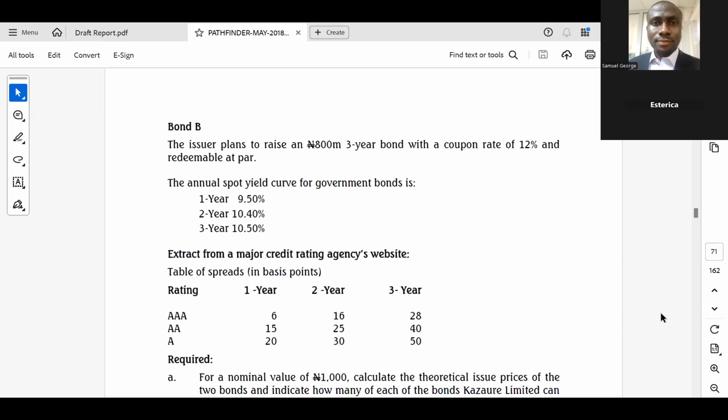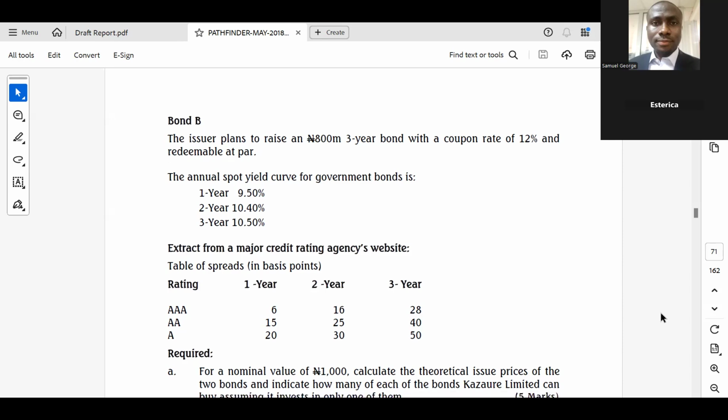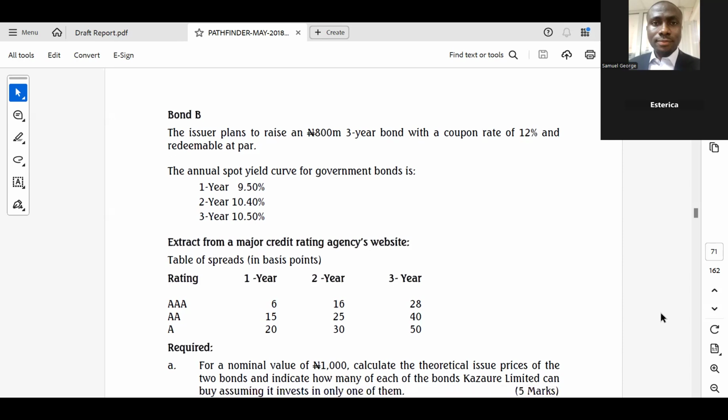Then you see an extract from a major credit rating agency like Augusto and Co, like Fitch, like Moody's, like S&P, from their website. A table of spread in basis points. Now you can see in basis points, the ratings are AAA, AA, and A, but the bonds we are buying are rated A. So the figures we'll be looking at are 20, 30, 50.